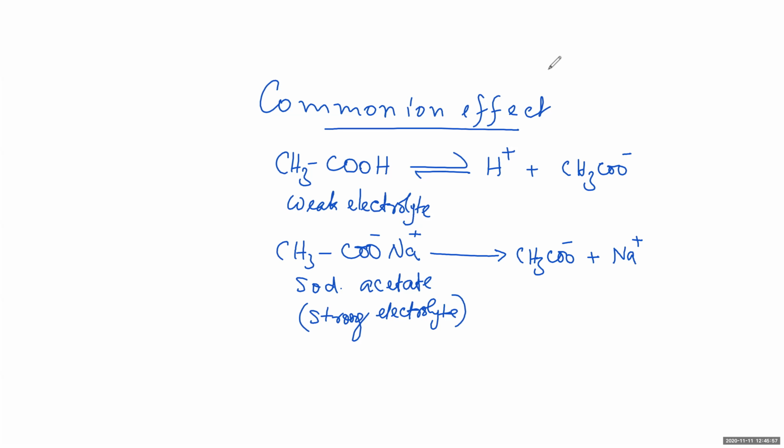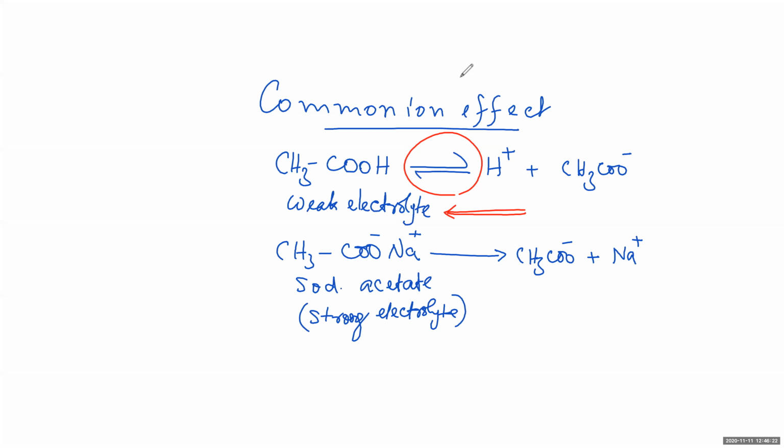When the strong electrolyte sodium acetate is added, what happens to the dissociation, the ionization of the weak electrolyte? The ionization of the weak electrolyte is suppressed. That means the backward reaction becomes faster.